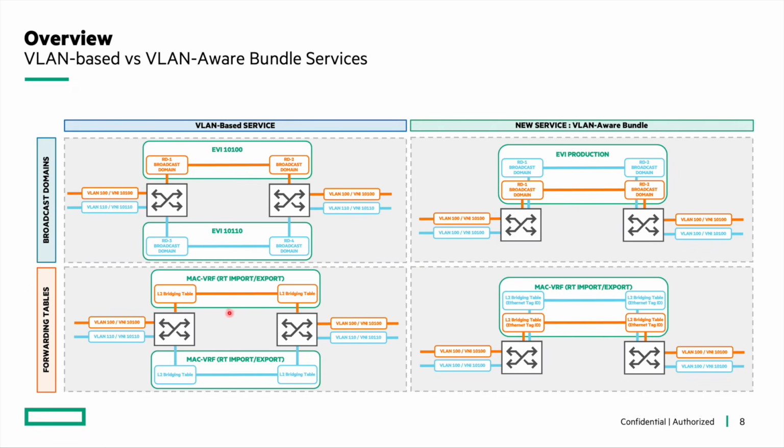From a forwarding perspective, each EVI will also have its own MAC VRF table, represented by the route targets, allowing to import routes and to identify the routes we send using route target export. But now, using VLAN-aware Bundle, each EVI supports multiple broadcast domains, and the associated MAC VRF tables also support multiple layer 2 bridging tables identified by the Ethernet tag ID.